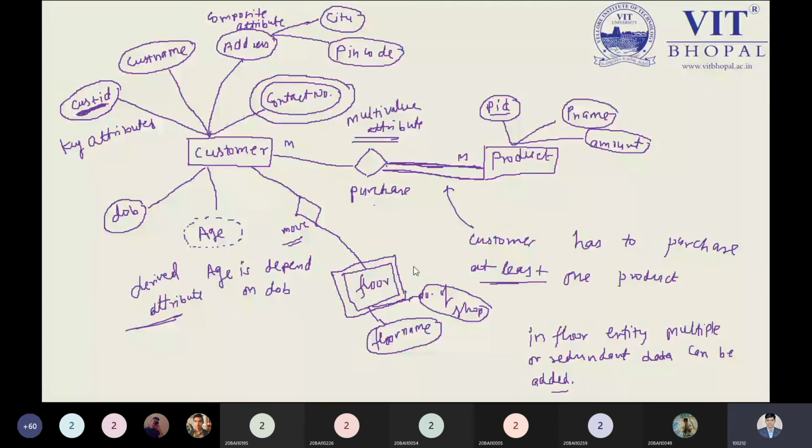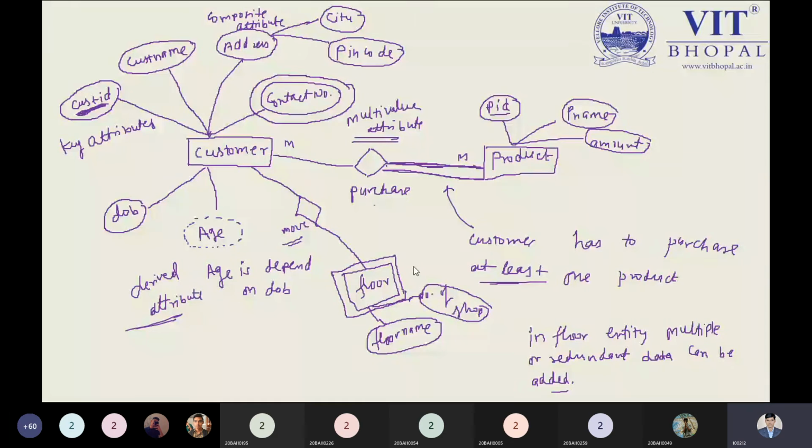I have given the floor name and the number of shops, what number of shops we have on the floor. Only, nothing else. As we know, we can have the ground floor, first floor, and second floor, and that would be unique. But suppose we are assuming only. We are not using any ID.